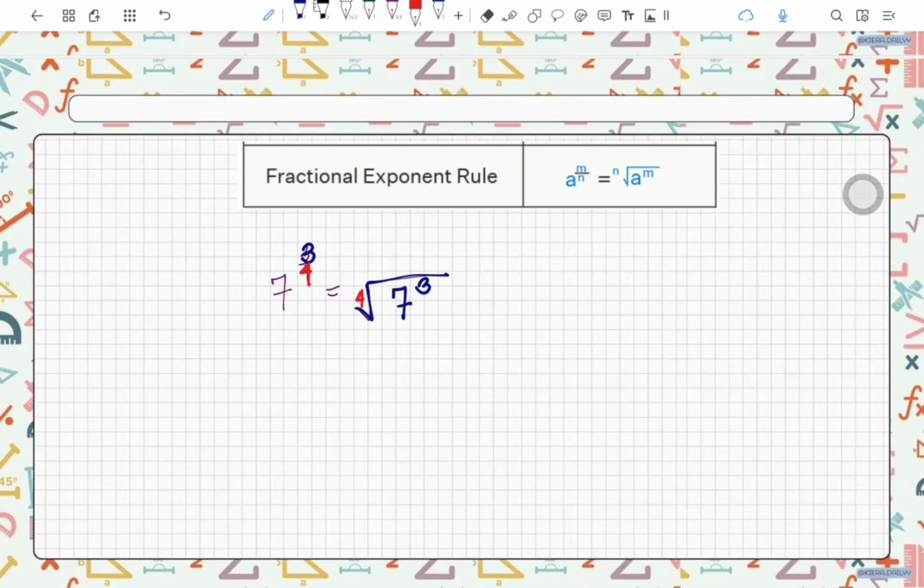So from 7 to the power of 3/4, it becomes the fourth root of 7 raised to 3. I hope you understand this. Just make sure that you don't get confused about which part of the fraction is going inside and which one is going outside. Typically, since m is on the top, we can say in, and then the downside will be out, the radical symbol.